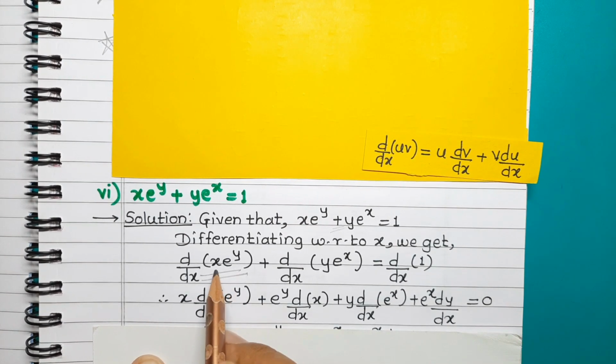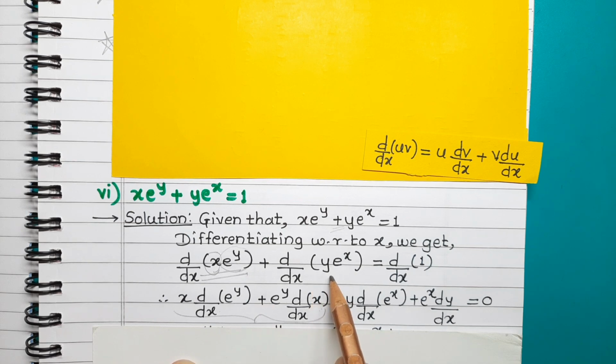So here we find that x is the first function and e raised to y is the second function. So use product rule. First function x as it is into derivative of second function which is e raised to y, plus e raised to y as it is multiplied by derivative of first function which is x. So this is the derivative.